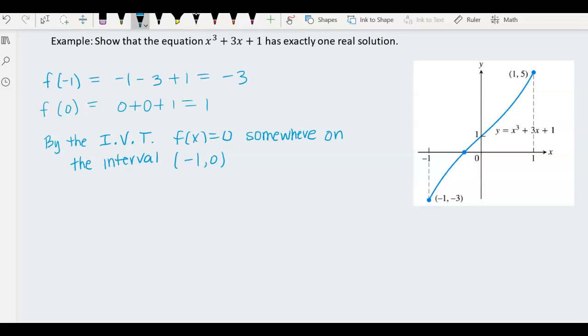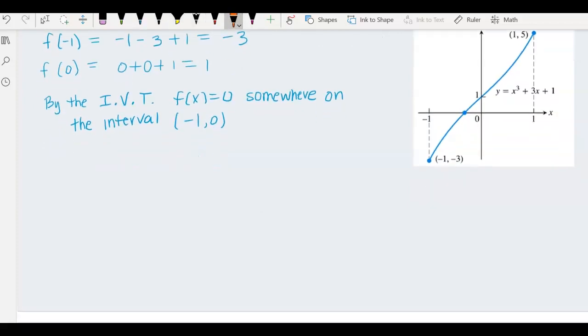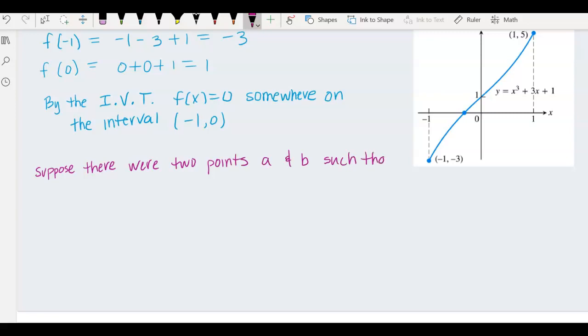Now we're going to do this kind of by contradiction. Suppose there were 2 points, A and B, such that f of A is equal to 0 and f of B is equal to 0.